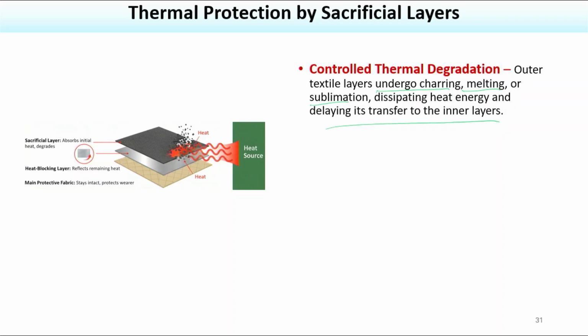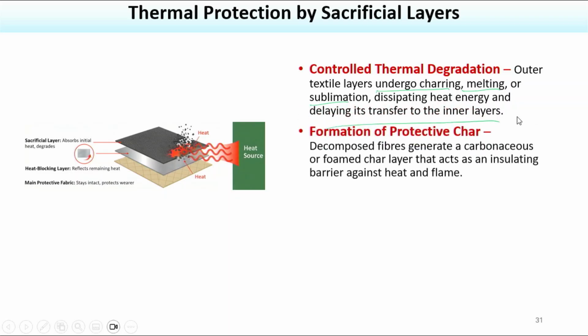So, during this process it delays the heat transfer. Formation of protective char: after decomposition, the decomposed fibers generate a carbonaceous or foamed charred layer that acts as an insulating barrier against the heat and flame. So, this is very important. Here we can see this char acts as the insulator.